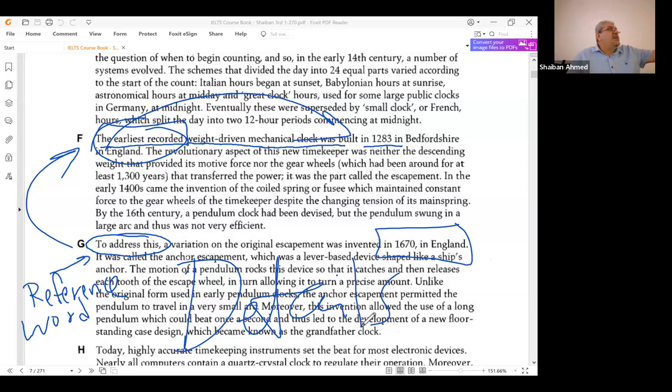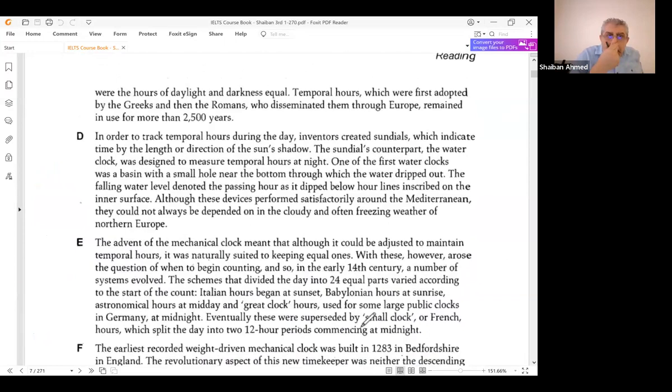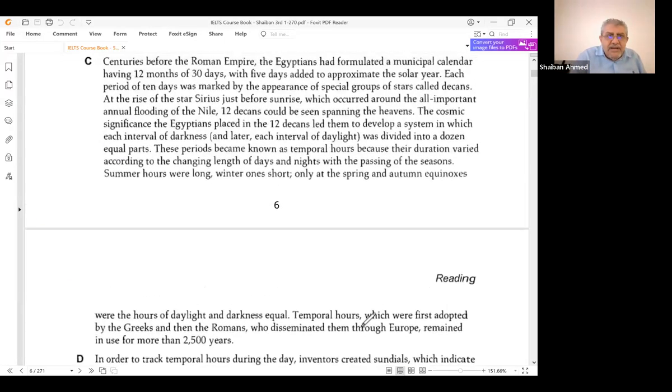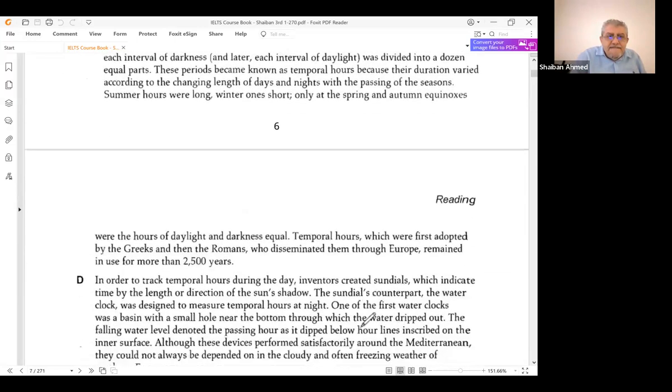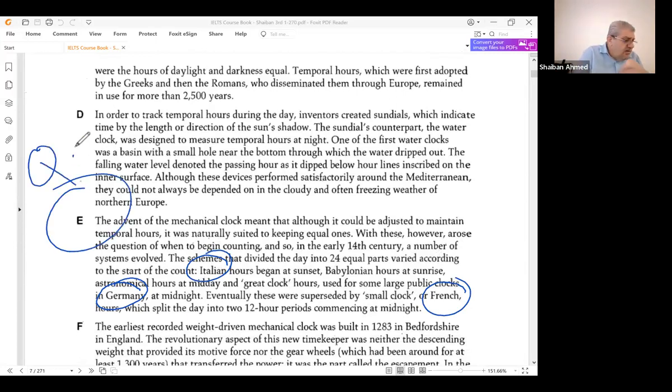Greek, Italians, French, German, which we met before somewhere in the paragraph. Wait, we met them a little while ago. Germany, this is German. Where is it? Italian, French. Then A. Question 4.